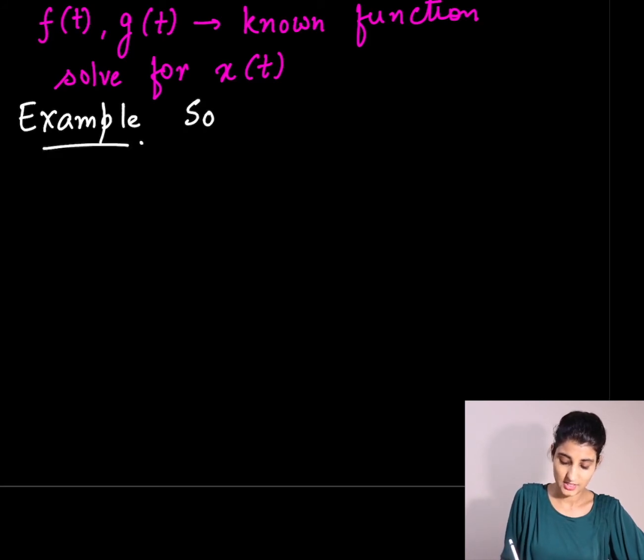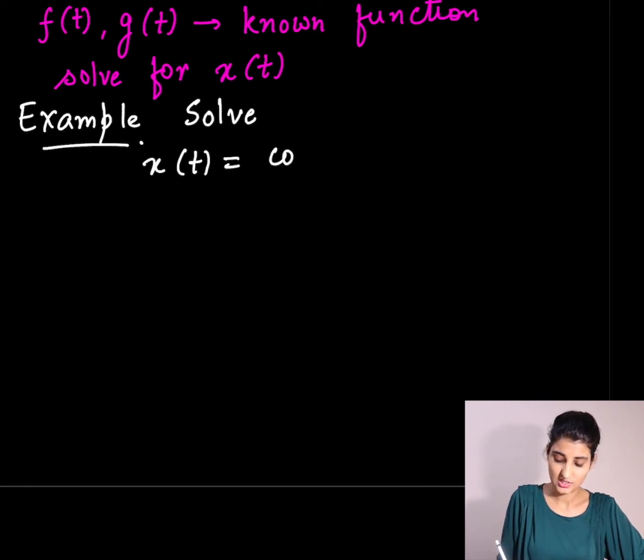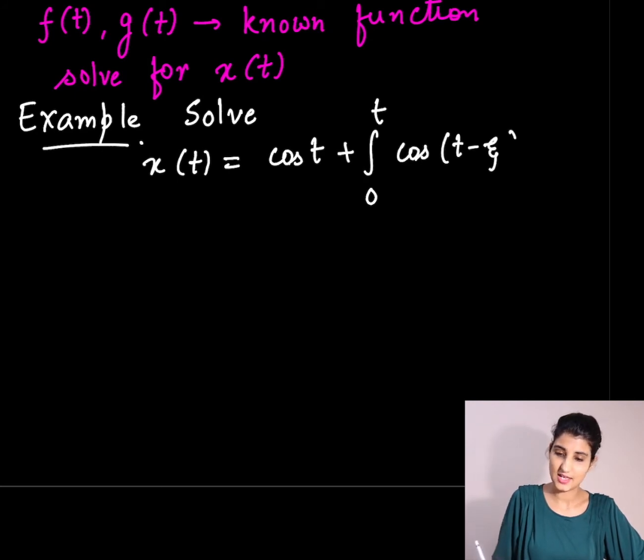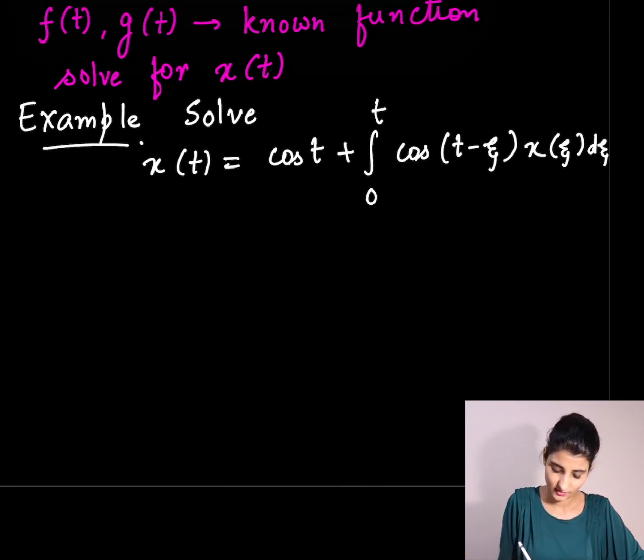So our first example is to solve x(t) equal to cosine t plus the integral from 0 to t of cosine of (t minus xi) times x(xi) d xi. So what we are going to do is apply the Laplace transform. The technique in this chapter is the same.